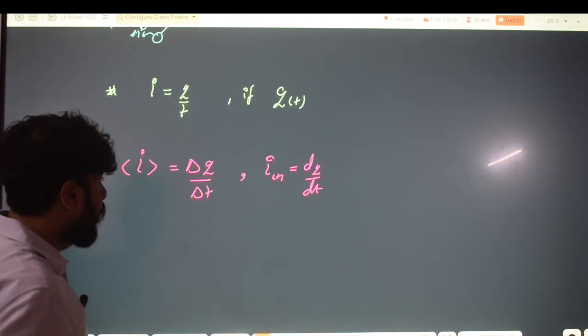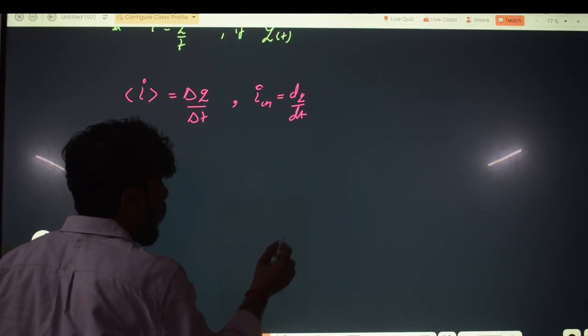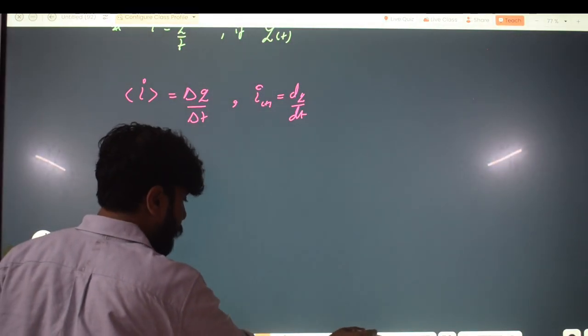What does it mean? It is just like finding the average of instantaneous velocity.